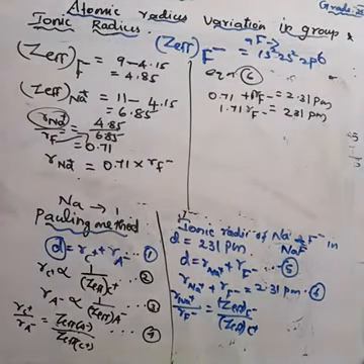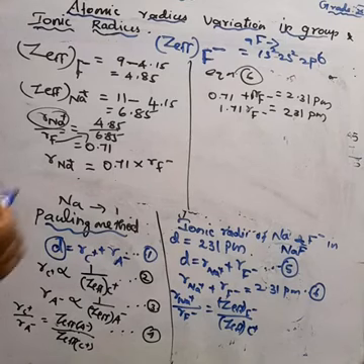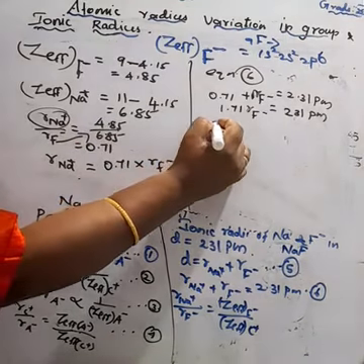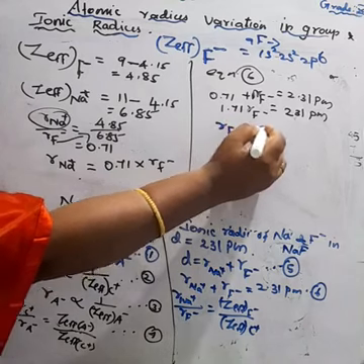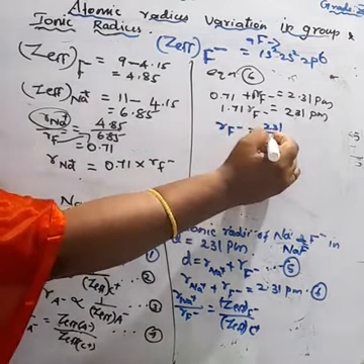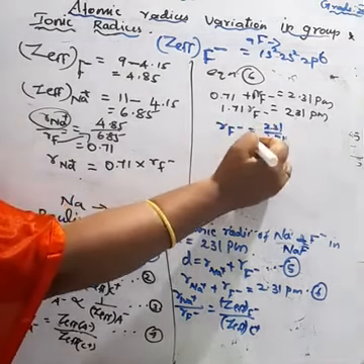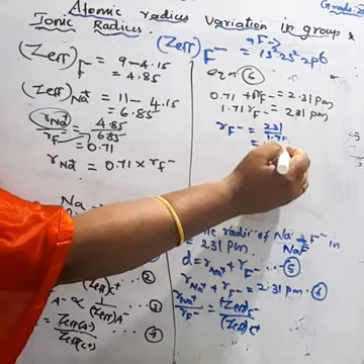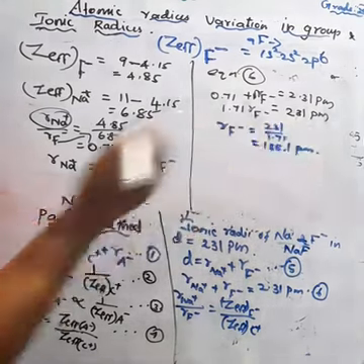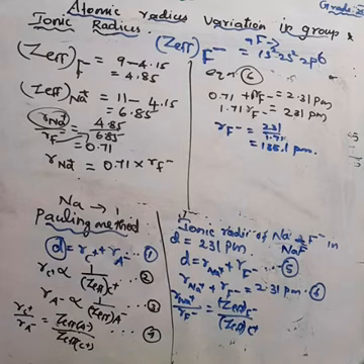So R F- is equal to 231 divided by 1.71. By dividing these two values, we get 135.1 picometer. So here we got the value for R F-.